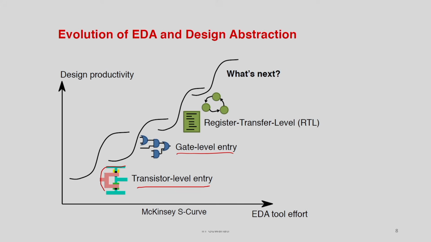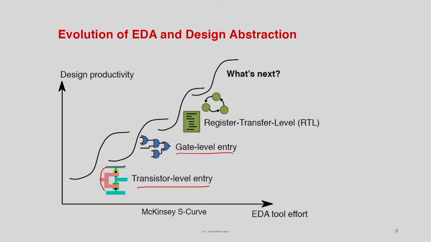One AND gate will abstract probably 5 or 6 transistors. The behavior of 5 or 6 transistors I can combine and represent as an AND gate, and for an AND gate I know the behavior, right. Similarly, I can abstract another 5 or 6 transistors as, say, an XOR gate and so on.